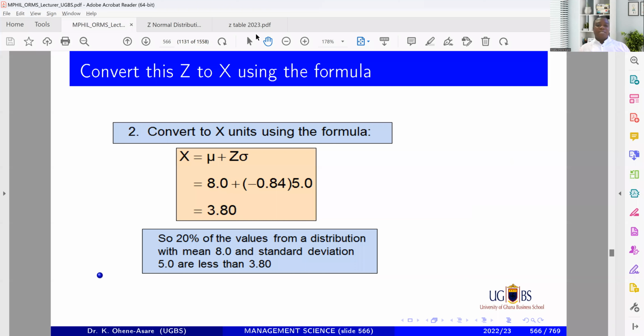Yes, Princess. Sir, I don't know where you got the 8.5. Is it because of the mean and then the standard deviation above it, that is 8 plus 5, then you got the 8.5?